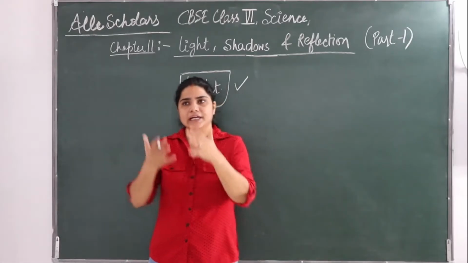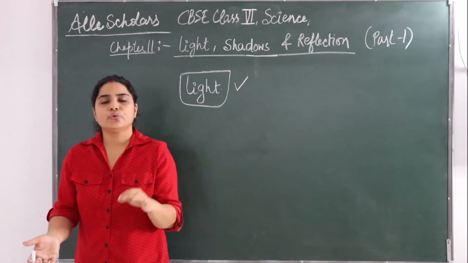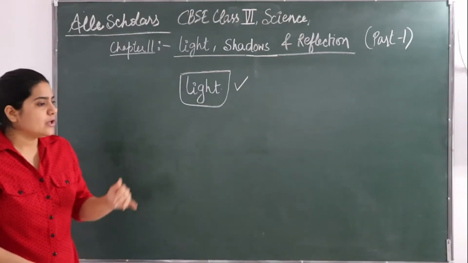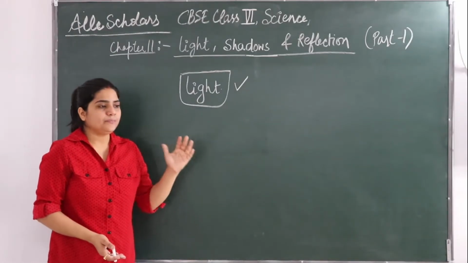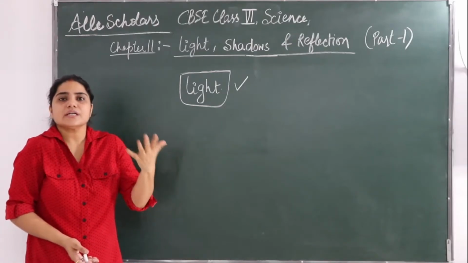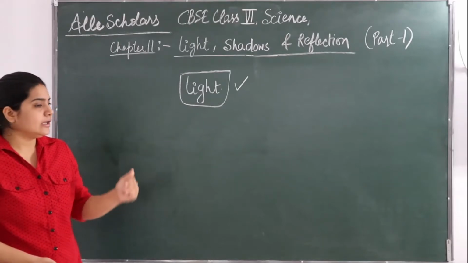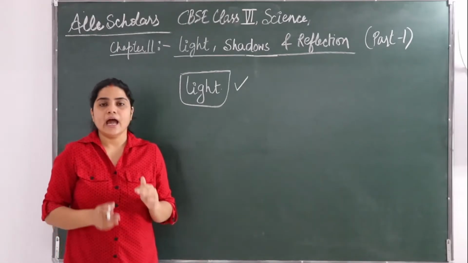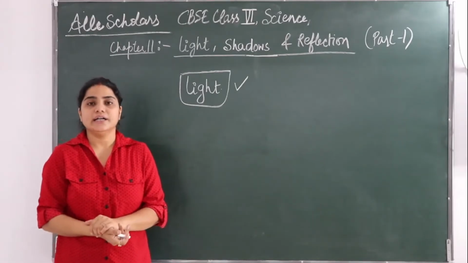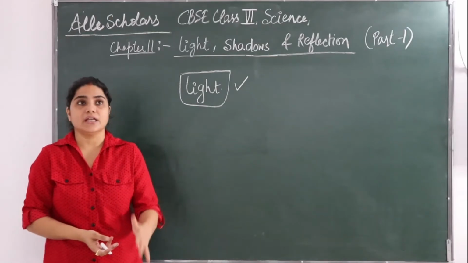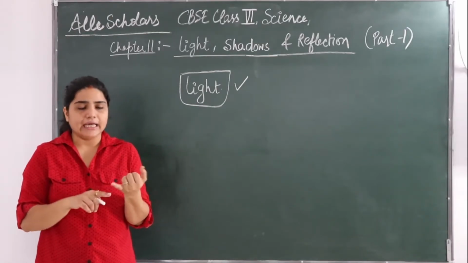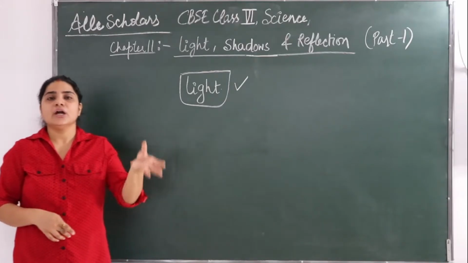The sun is so bright, it is giving light throughout the day. So the sun is another example of an object which gives its own light. The sun is the most important source of light and it makes our day bright. It is because of the sun that we don't need any light, any bulb, anything during the day.